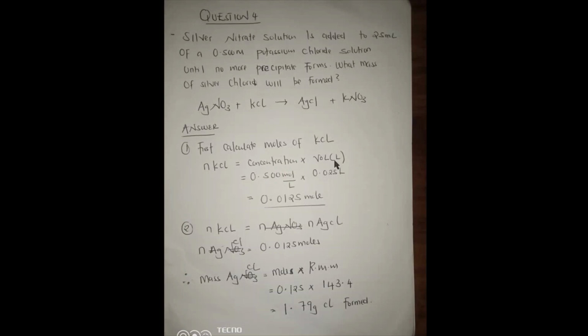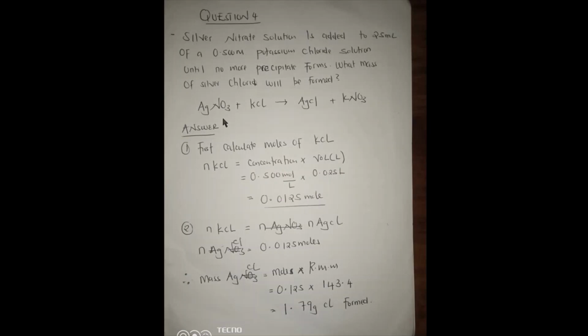concentration of potassium chloride times volume. So you've been given the concentration, you've been given the volume in mils. You convert that volume, 25 mils, to liters, which will be 0.025 liters. You work out the math. The moles of potassium chloride are going to be 0.0125 moles.